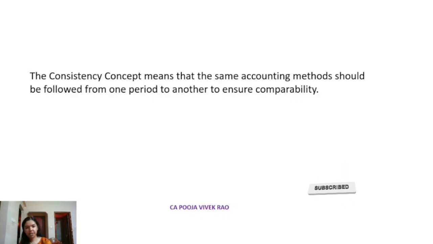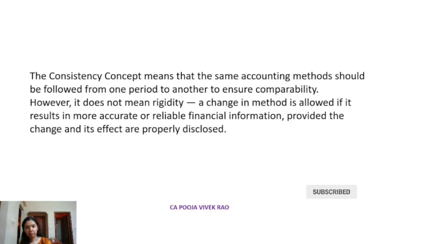A change in method is allowed if it results in more accurate or reliable financial information, provided the change and its effect are properly disclosed. Hence, the statement that consistency means non-flexibility is false.